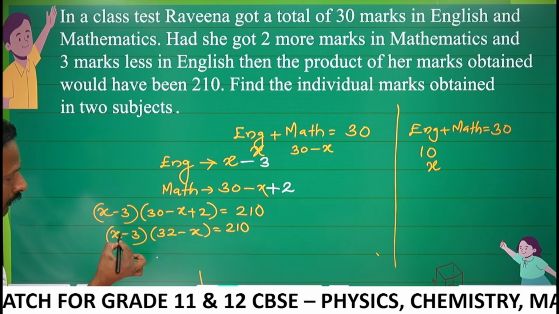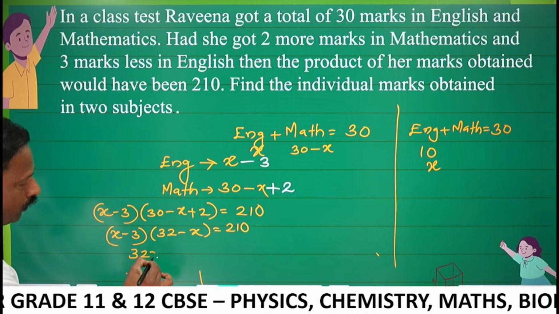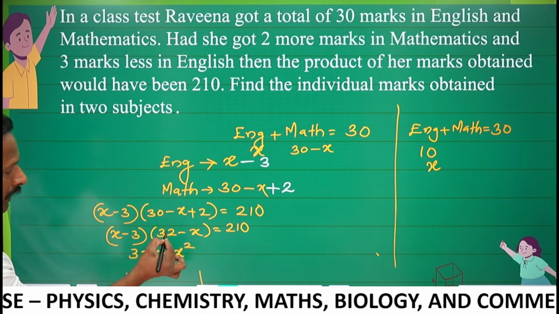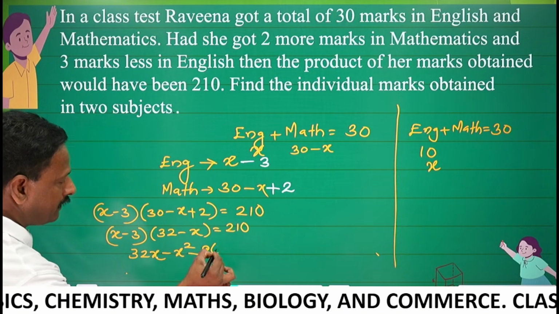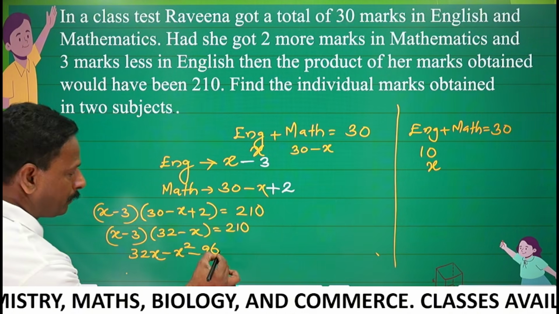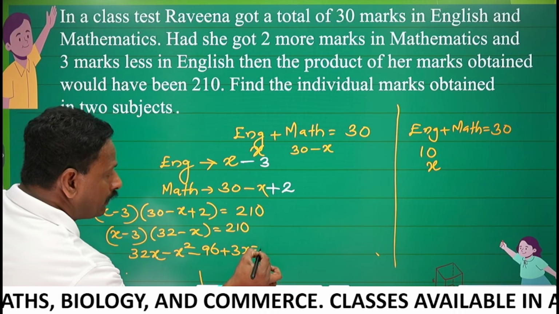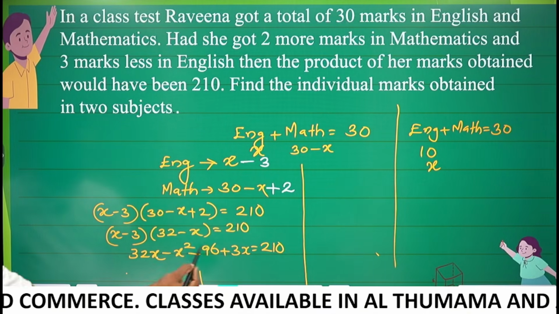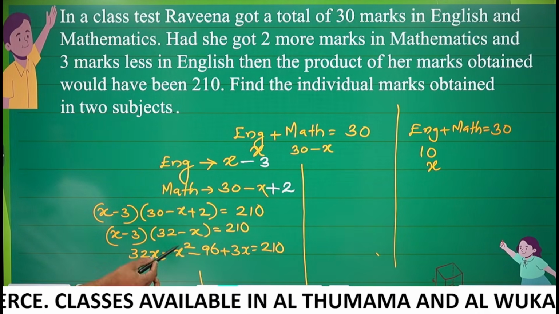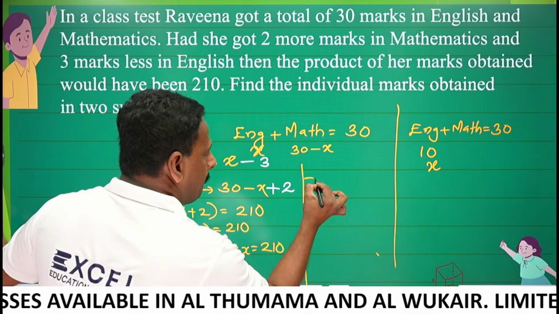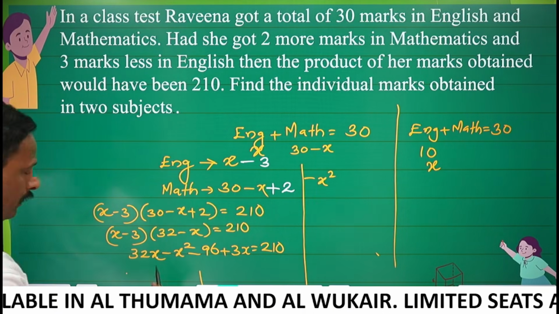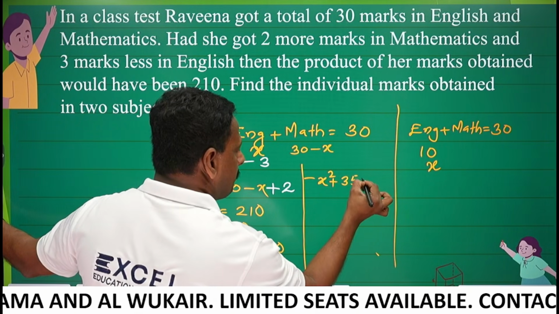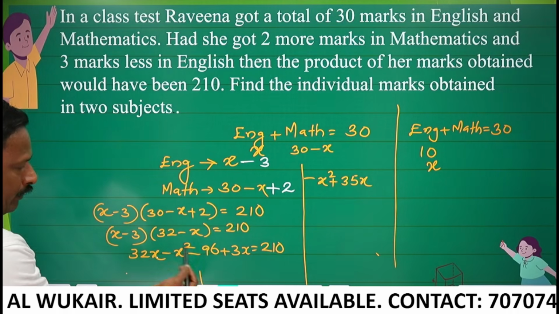So this, if you open, x into 32 is 32x. X into minus x is minus x square. Minus 3 into 32 is minus 96. Minus into minus is plus 3x, equal to 210. So this we will arrange in quadratic form. Negative x square, 32x plus 3x is 35x, negative 96.